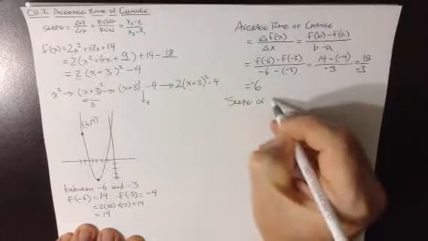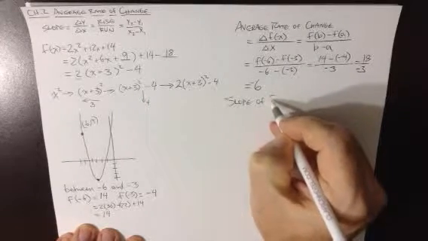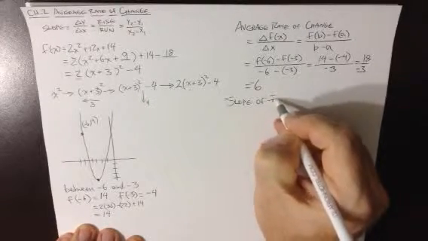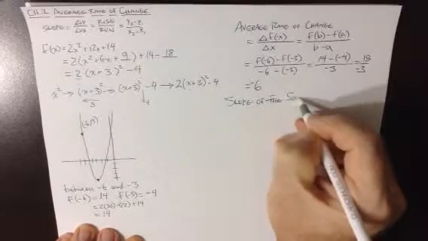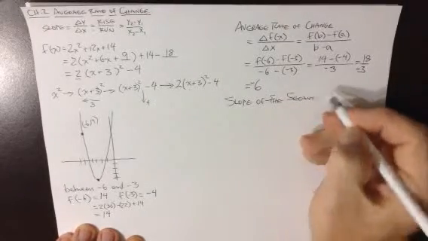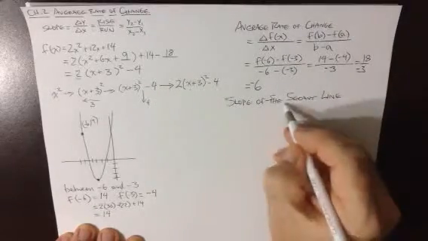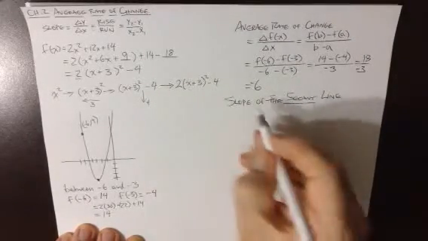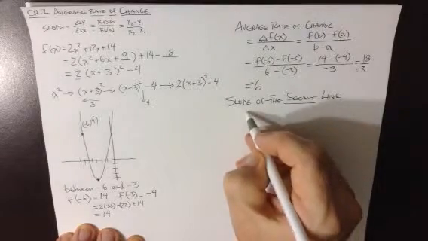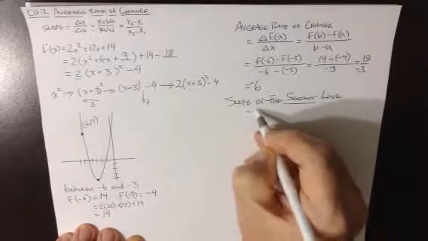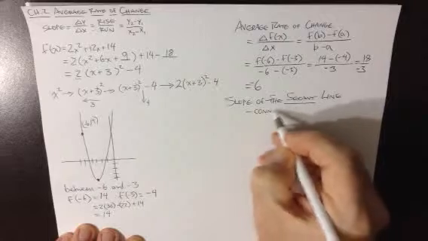A new word maybe for you. I want you to think about this in terms of the slope of the secant line. What's a secant line? A secant line simply connects 2 points on a curve.